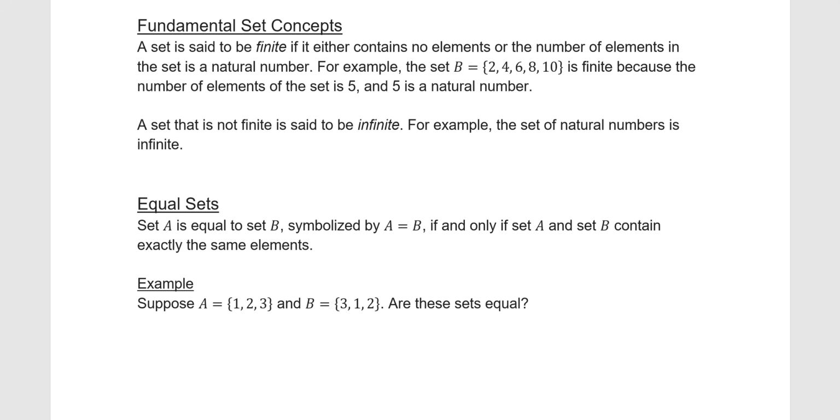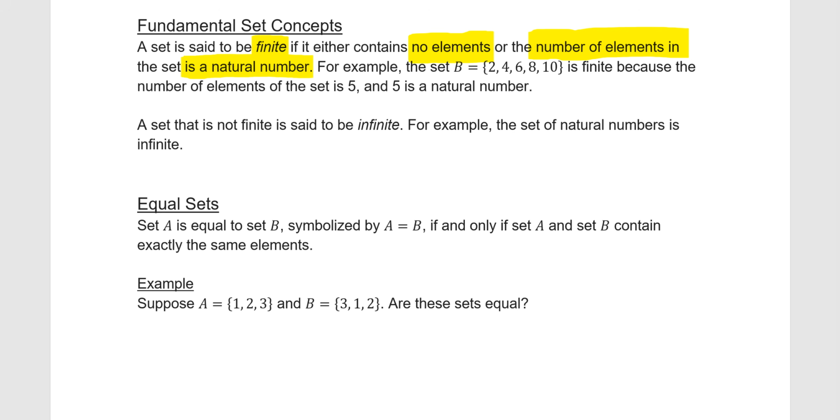Okay, for the next thing here, we have some fundamental set concepts. So starting with terminology, finite and infinite, a set is said to be finite if it contains no elements, or the number of elements in the set is a natural number.